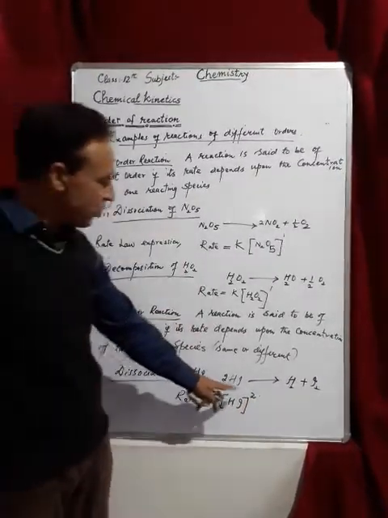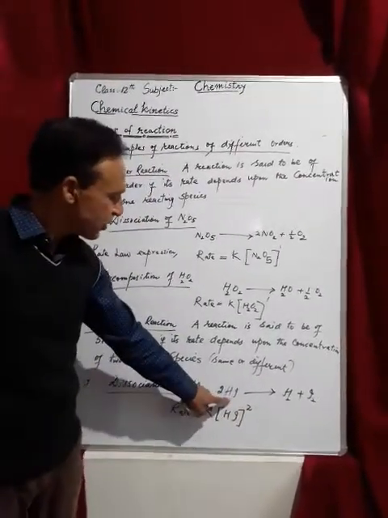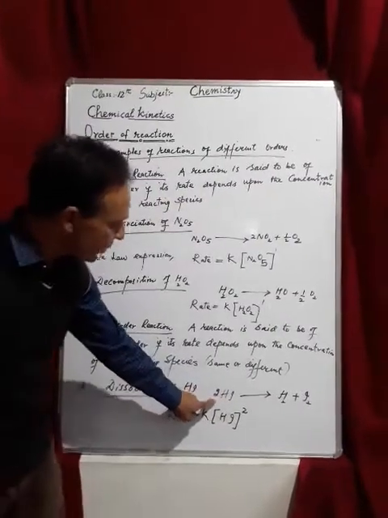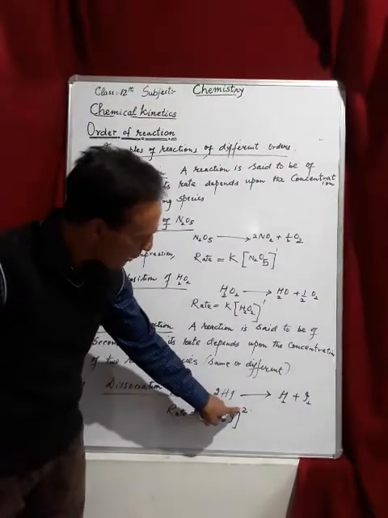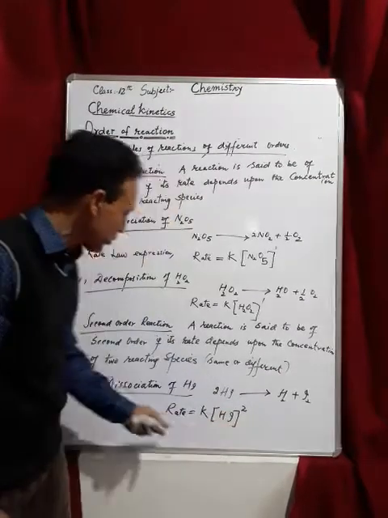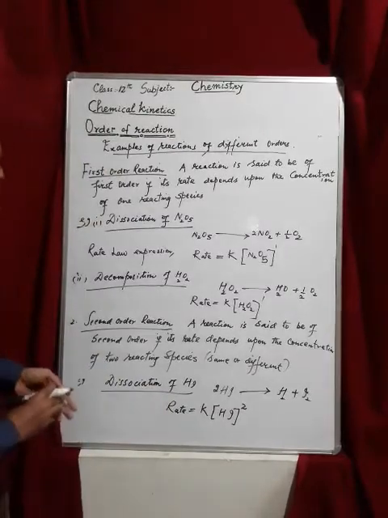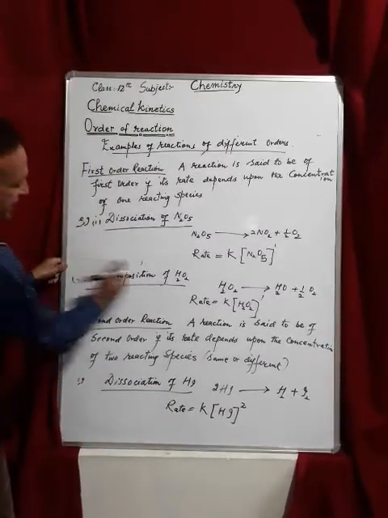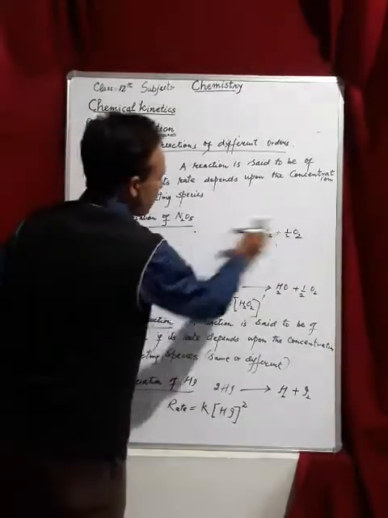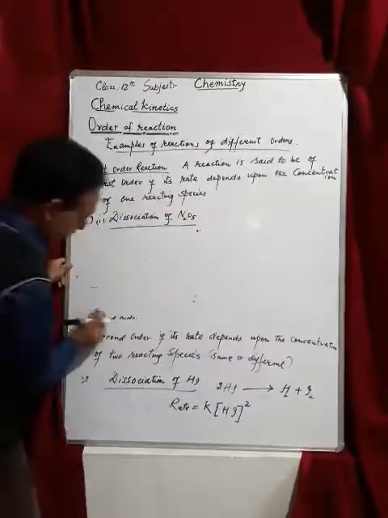Here, beta is 0 because there is only one reacting species with two concentration terms, so the value of alpha is 2. So alpha plus beta is equal to 2, and this is an example of a second order reaction. Again we will take a few more examples of the second order reaction.